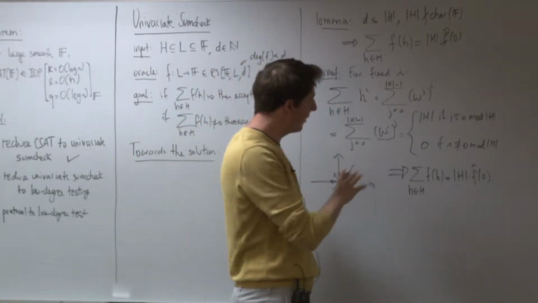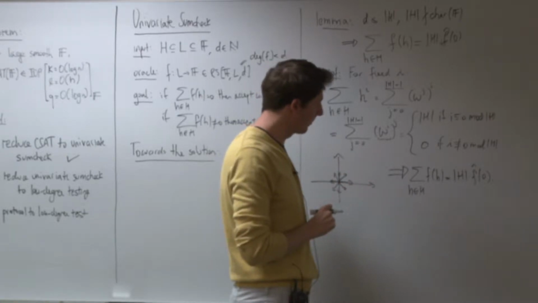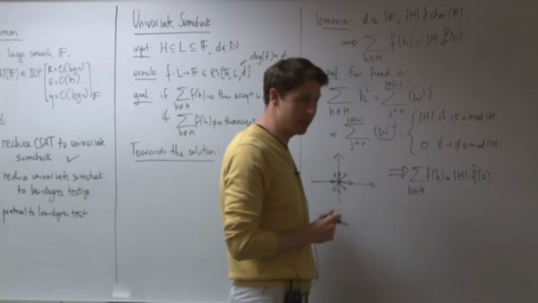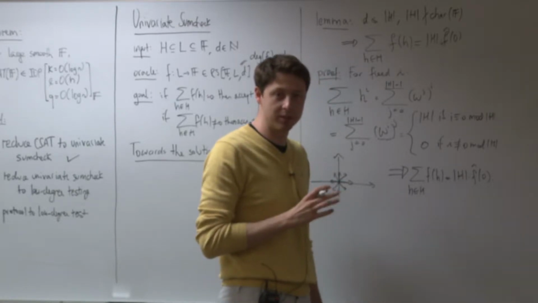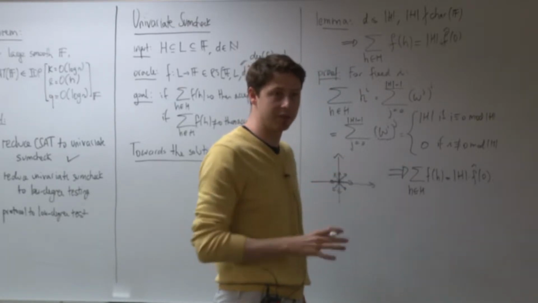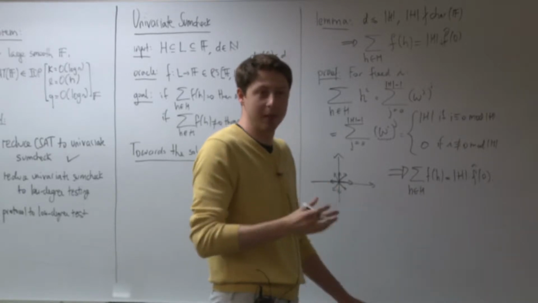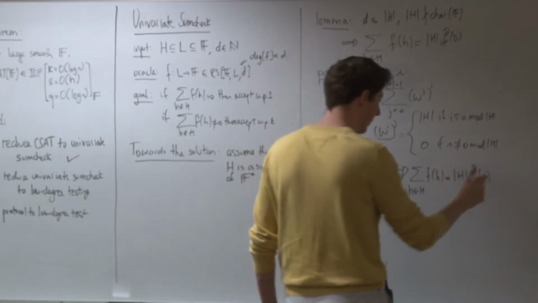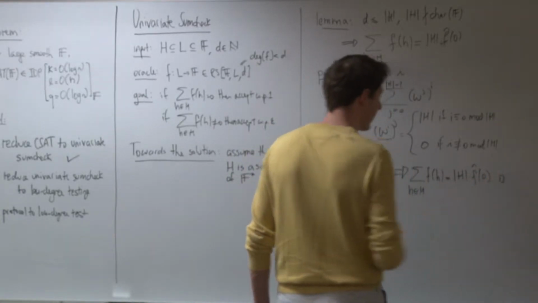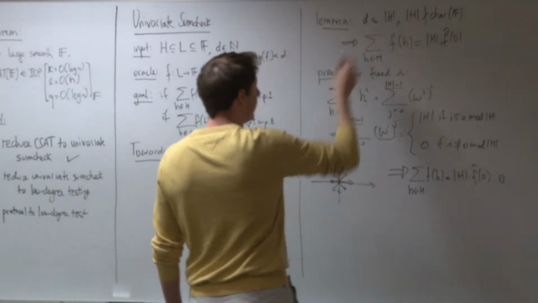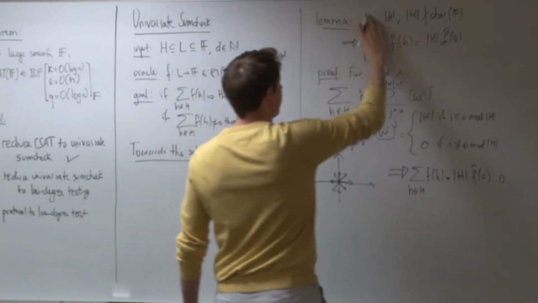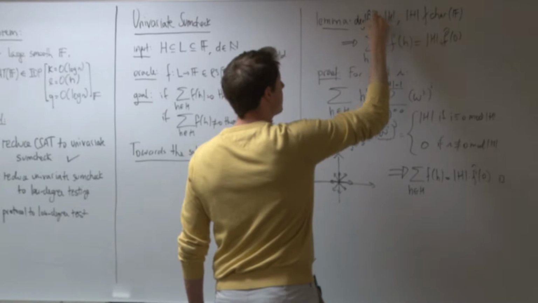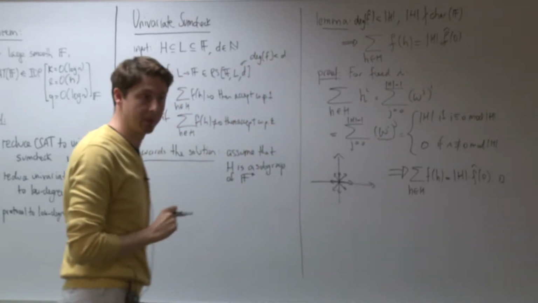So if my f has degree strictly less than h, then the sum over a subgroup is entirely controlled by the zero coefficient, because everything else balances out. It doesn't matter what those other coefficients are. Great. This is under the assumption that the degree of f hat is strictly less than h.